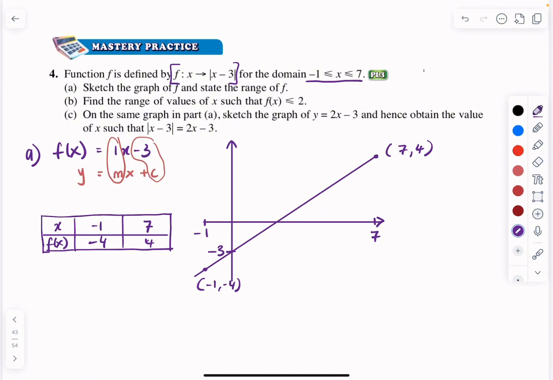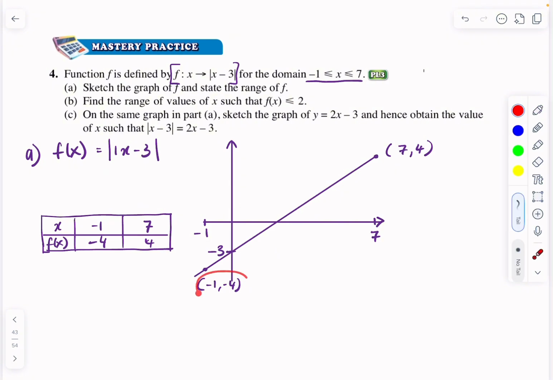Okay, so this is the graph without the modulus. Now let's change it to modulus of x minus 3. Once you get to this stage, it's very easy to change. Whatever is down here, you have to flip it up. So negative 1, negative 4 will become negative 1, 4.